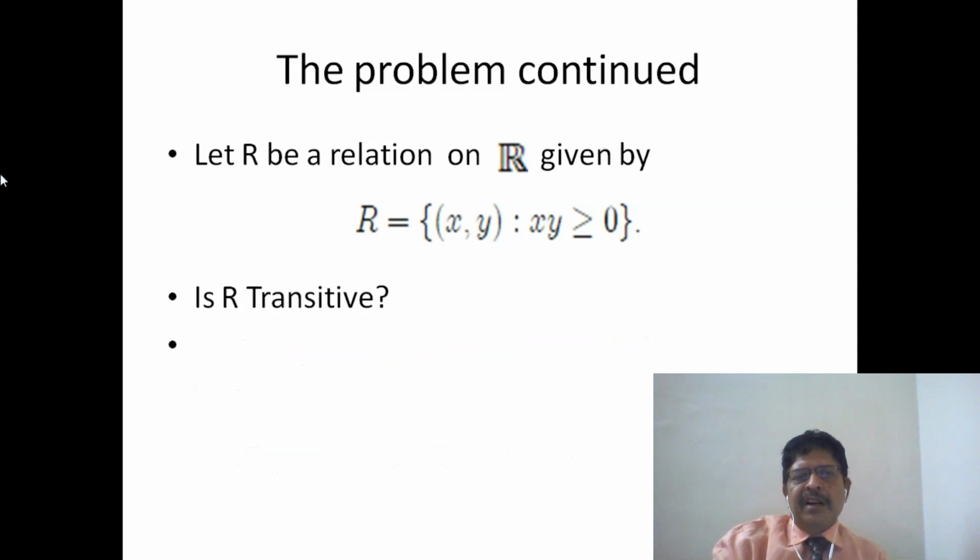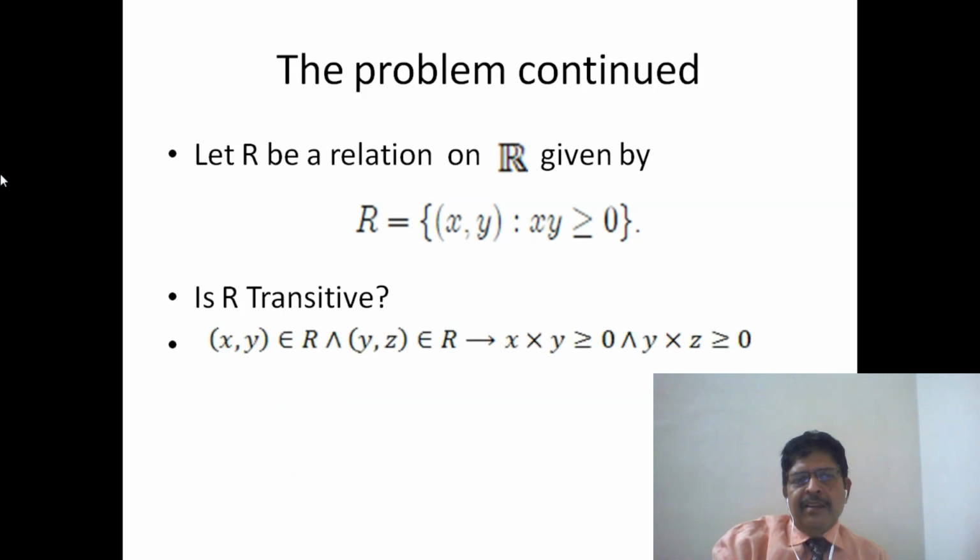Okay, is this transitive? So if the ordered pair xy is in R and the ordered pair yz also is in R, this implies that the product of xy is greater than or equal to 0 and the product of yz is also greater than or equal to 0.